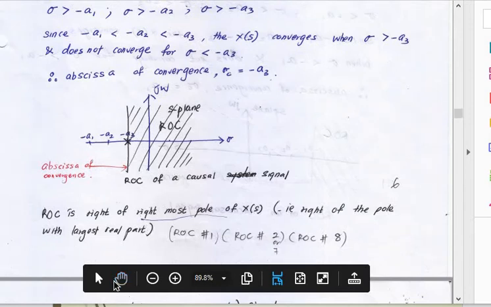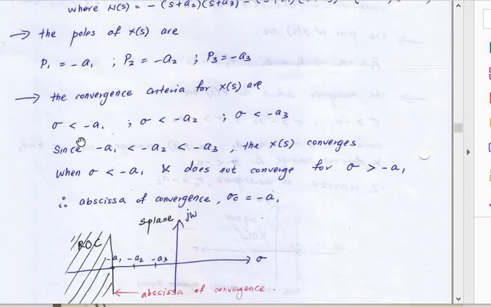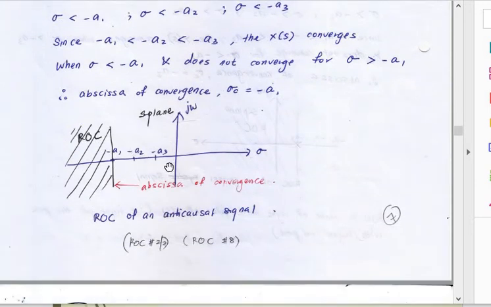Now case 2 is a left-sided anti-causal system. It's still the same example, where you have negative a1, negative a2, and negative a3. Let's say you have 3 pole values, but you will take the leftmost pole.